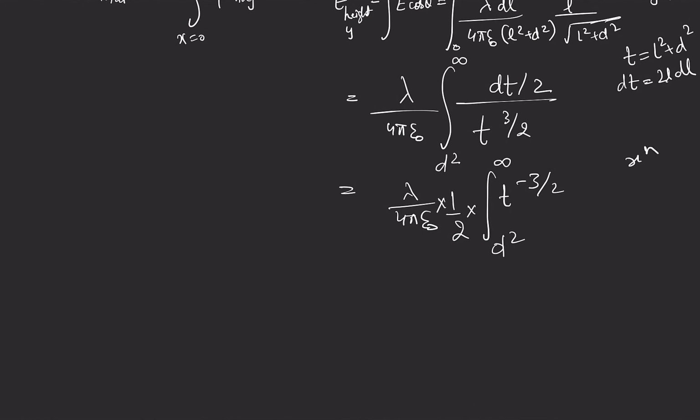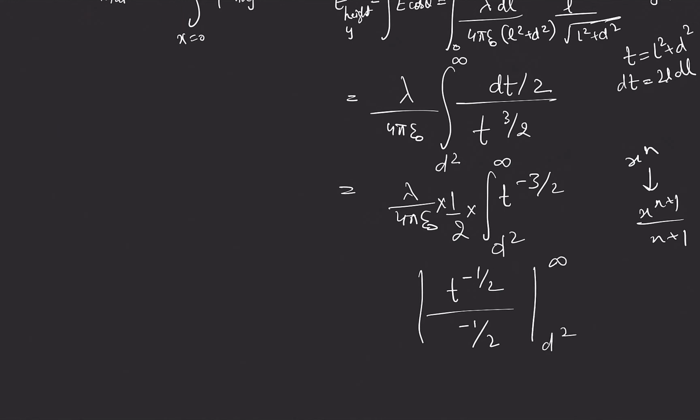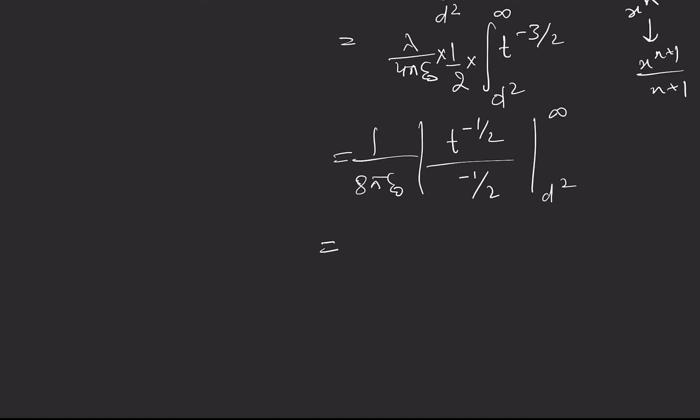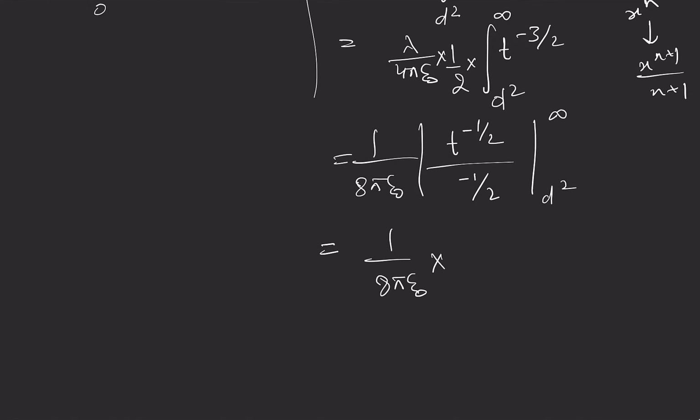So x raised to n, the integral of this is x raised to n plus 1 by n plus 1. So this would be t raised to minus half by minus half. Range is from d square to infinity, 1 upon 8 pi epsilon naught. So if we put infinity it's 0, if we put d square it would be 2d. So this is not equal to 2d, this is 2 by d, because this is minus half, not half.